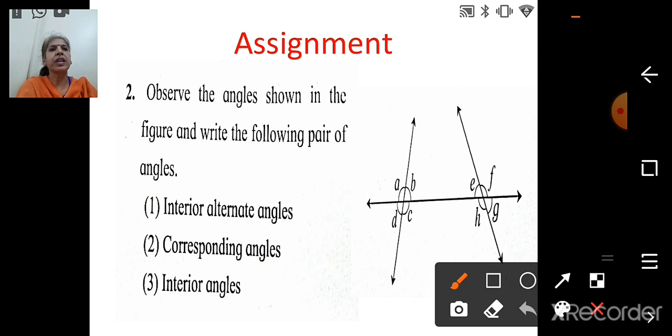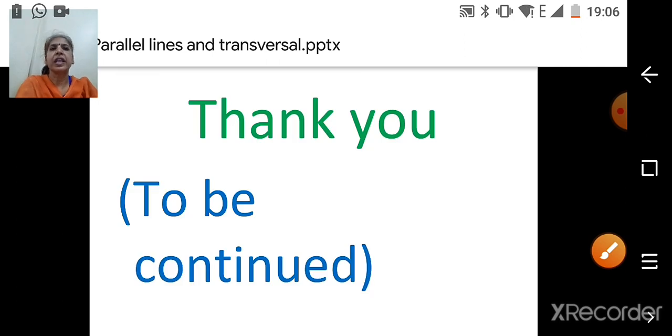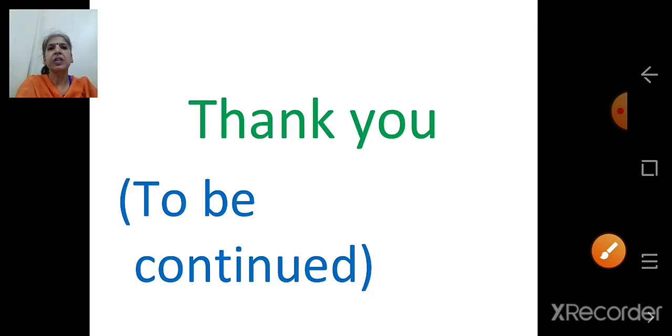And here also you can see angles E, F, G, H. This is a textual question from your textbook, practice set 2.1. So this is your assignment question. You have to do what we have done about the corresponding angles, interior angles and interior alternate angles. So thank you children. We will continue in the next session.